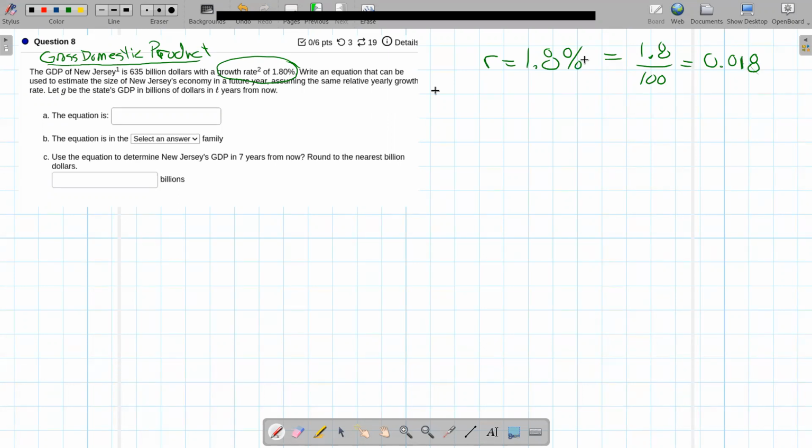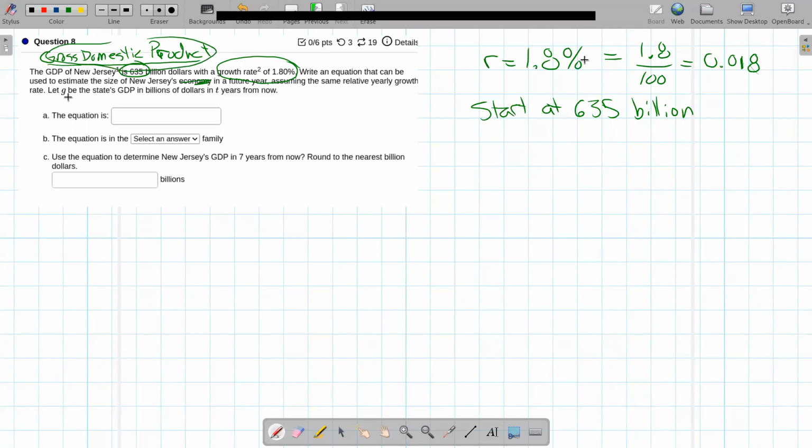So that's my rate. And we're starting at that 635 billion. I'm just going to put the word billion there instead of all the zeros. We want to make an equation for this to estimate the size of their economy, their gross domestic product.